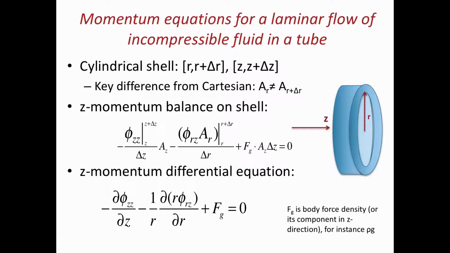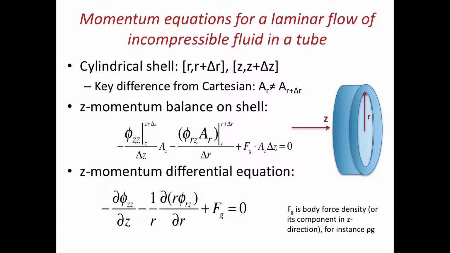And that resulted, when I divided by my volume and actually put in what this area is, in an r as a remnant of this area that changes. So this is my general z momentum form. It's a differential equation. I did not define what my fluid is, so this is valid for any fluid.